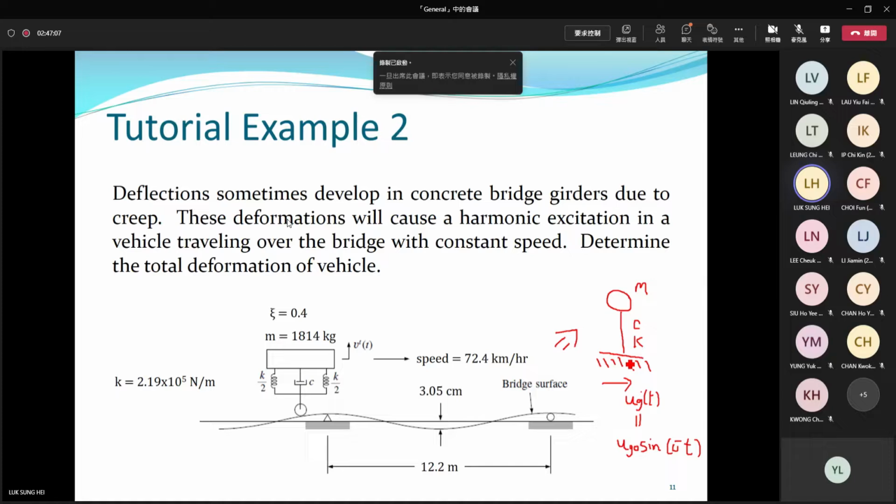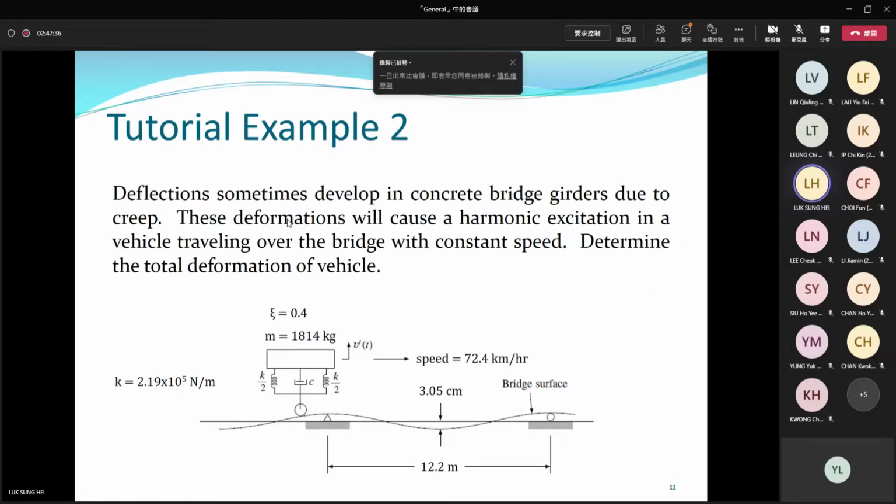Then why do I make this transformation? Because in the previous sections, we have already considered this problem: how to find the total displacement or acceleration of the car, of structures. We have seen a similar thing before under the topic of force transmission or vibration isolation.